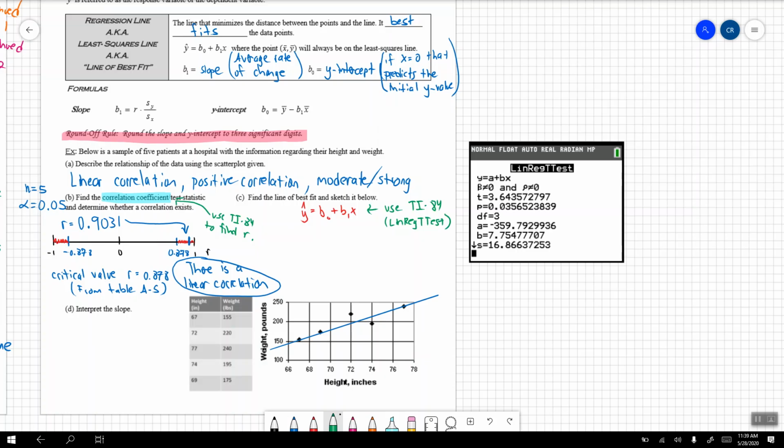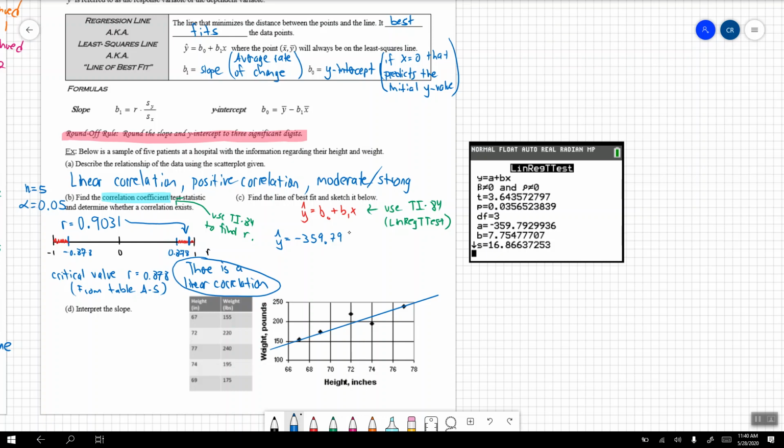All right, awesome. So again, in here what I did is I took a quick screenshot and I'm going to use these values now. So what I have here is y hat is equal to, let's say, my y-intercept. Y-intercept in this particular instance here, it's giving it to me as my a value. So my a value is just this one here. All right, so let's go ahead and write that down. This value is -359.79, like such.